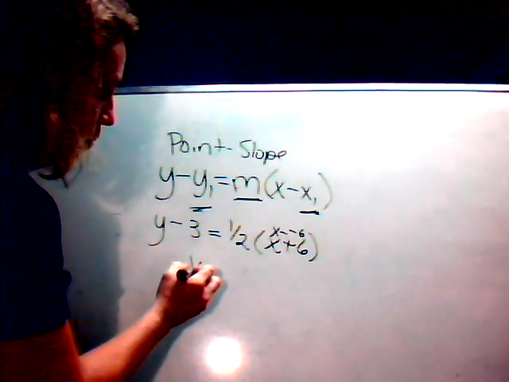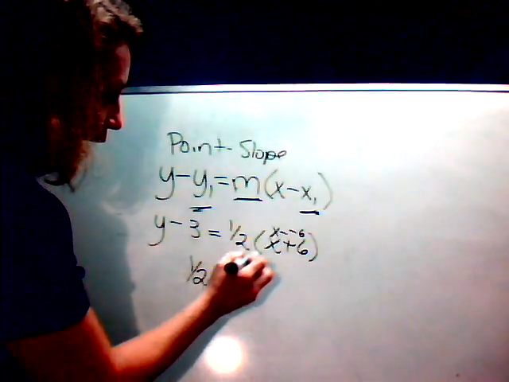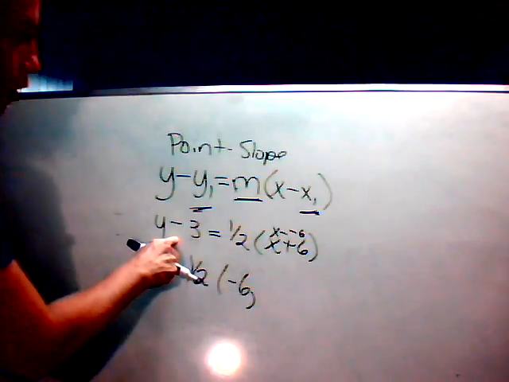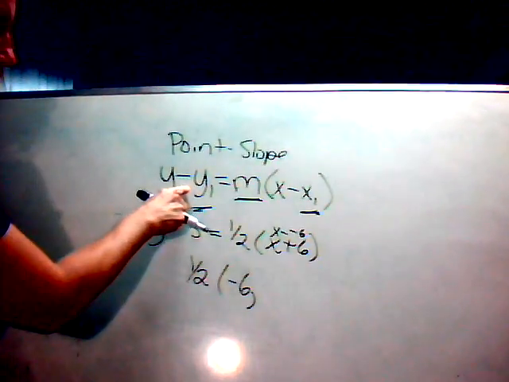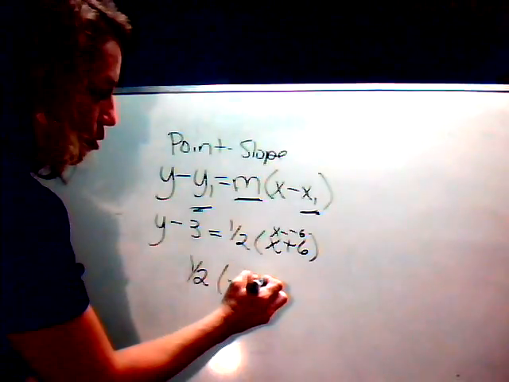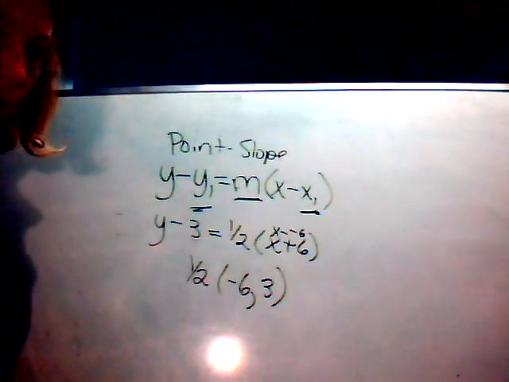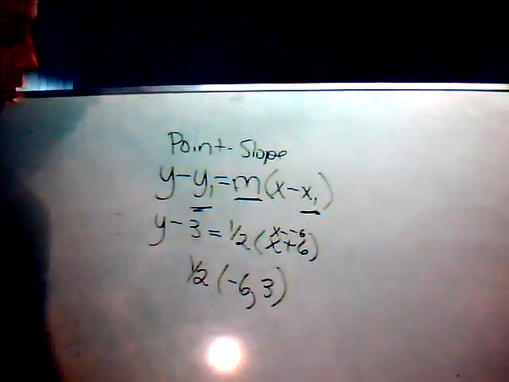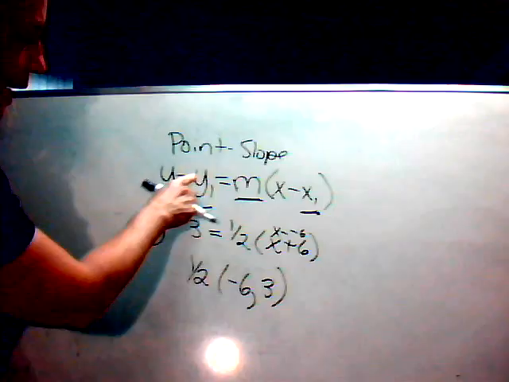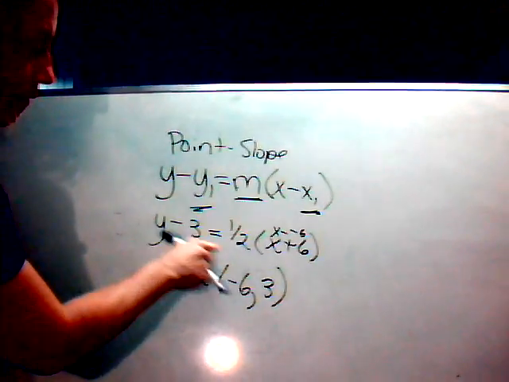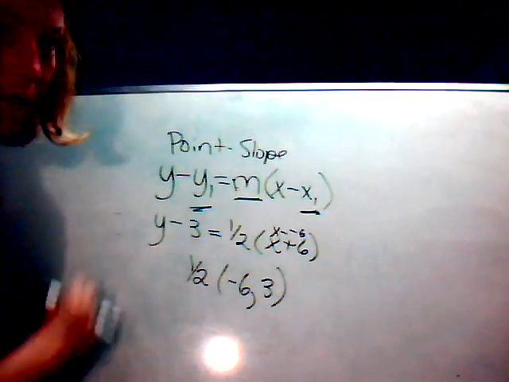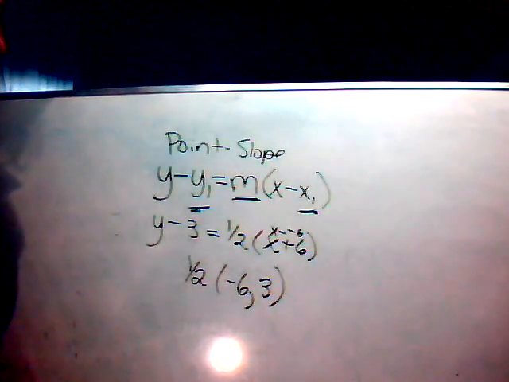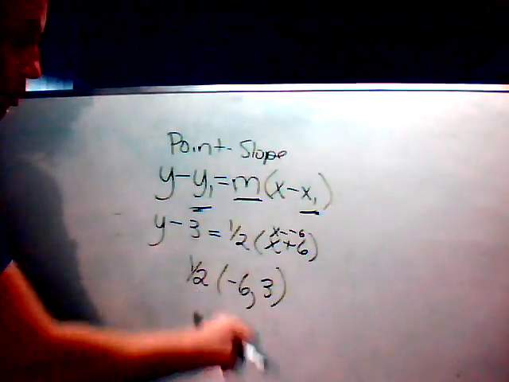So the slope is 1/2, and the ordered pair has x equal to negative 6. Over here on the y, the equation is subtraction, so I'm just taking the 3 out. If it's easier for you, just think it's always the opposite signs, or remember the equation is y minus the y value, and x minus the x value. You might have to rewrite this as the double negative to pull the point out. So there's your slope and there's your point.